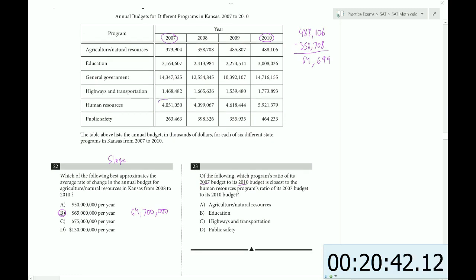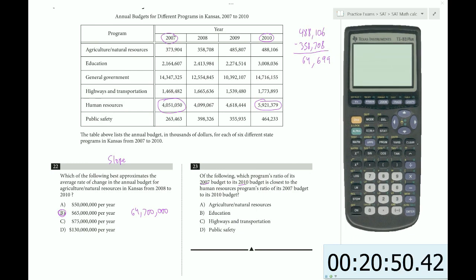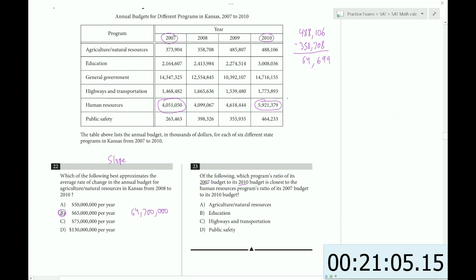Human resources is here, okay, so if we divide those numbers, that'll give us our starting value that we're trying to aim towards. So we have basically 4051. I'm just going to leave out the last three numbers, divided by 5921, because we don't need that much accuracy. So 0.68 is approximately what we're dealing with here, 0.684.